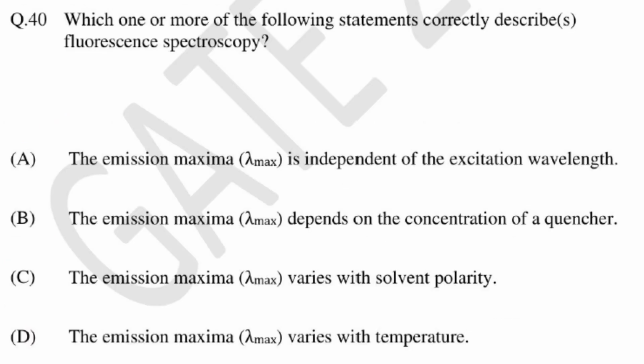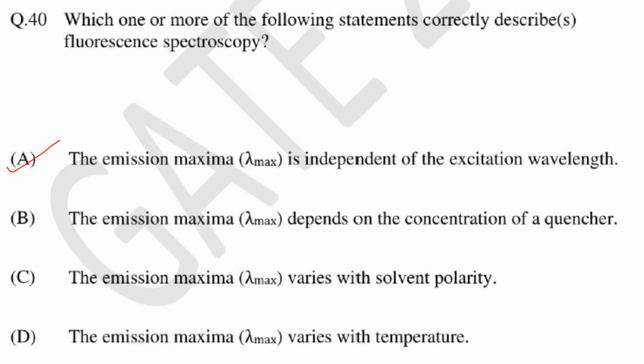Then which one of the following statements correctly describes fluorescence spectroscopy? The emission maxima is independent of the excitation wavelength. Yes, that's correct. The emission maxima depends on the quencher. No. Quenching affects the intensity of fluorescence, not its emission maxima.